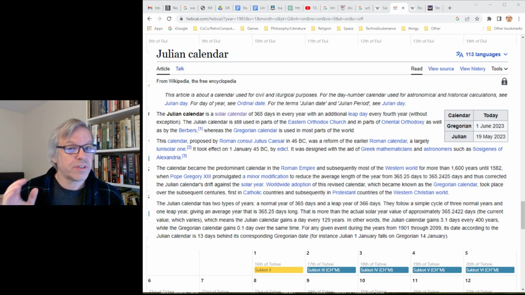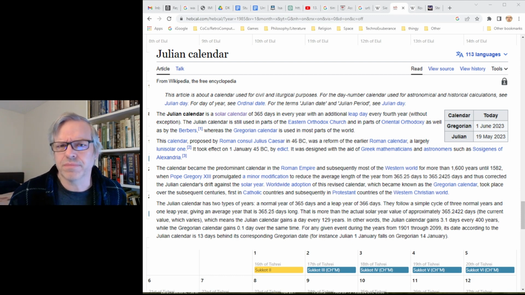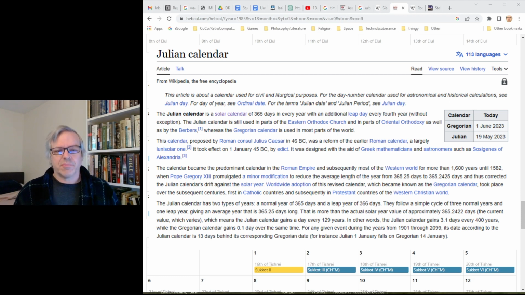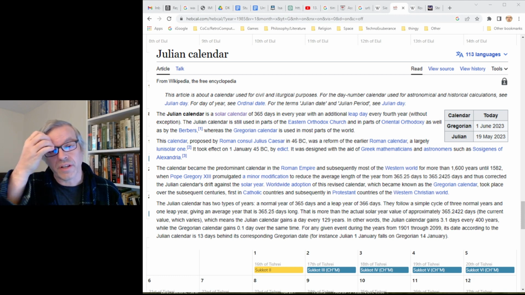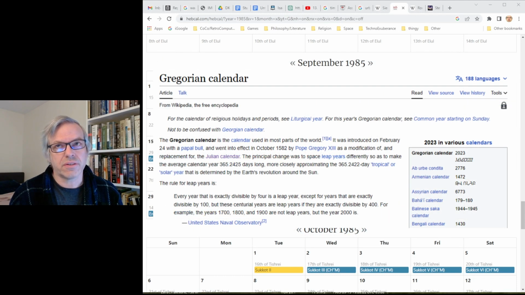Julius Caesar, when he took over as essentially the first emperor of Rome, though he didn't call himself that or a king, was able to use the force of his authority to enact a calendar reform. So essentially the calendar we use is the Julian calendar. The Gregorian calendar is technically what we use, and that's just a very minor adjustment, which I'm not going to go into.